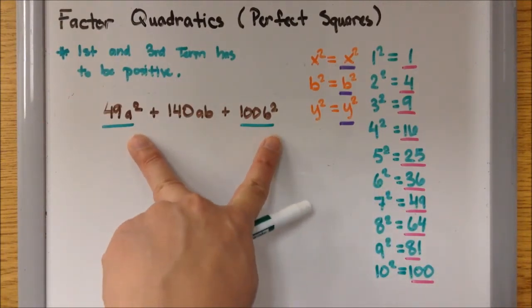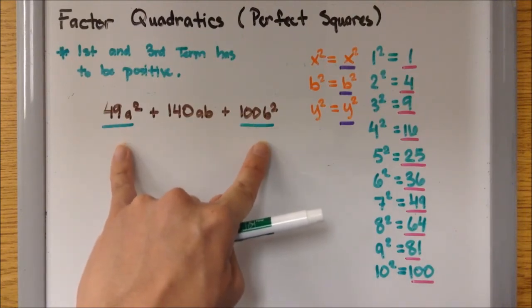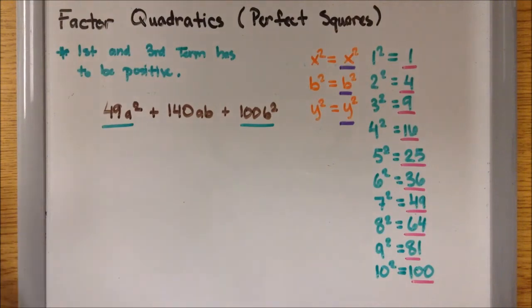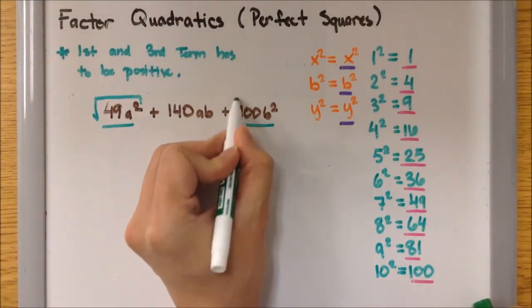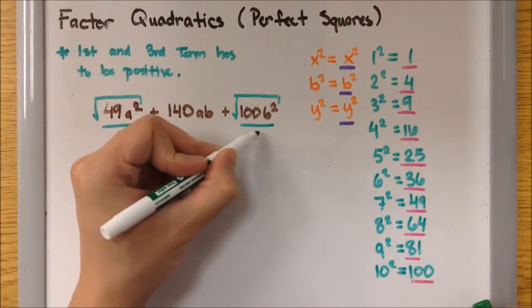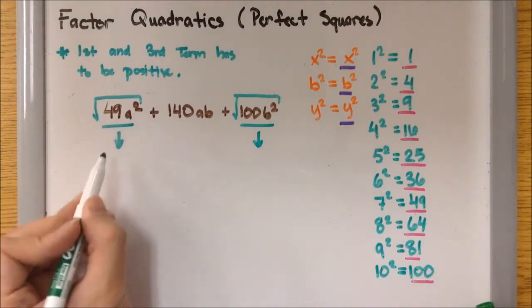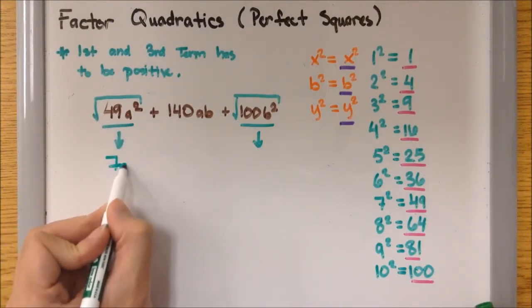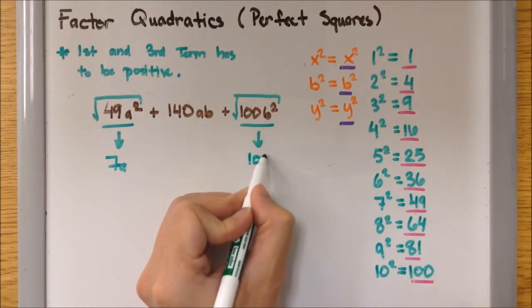A squared, b squared, also perfect squares. So these two are positive perfect squares. We're good to go. So the square root of both of them. The square root of 49a squared will become 7a. The square root of 100b squared will be 10b.